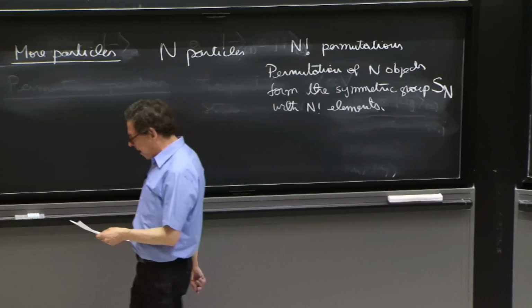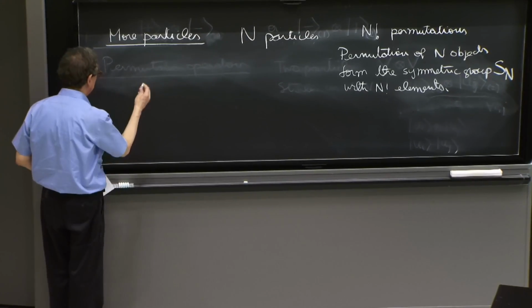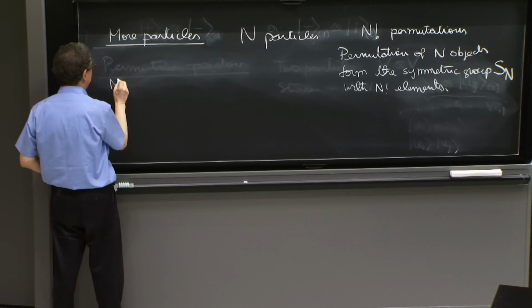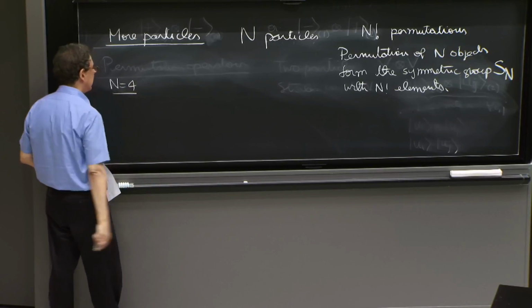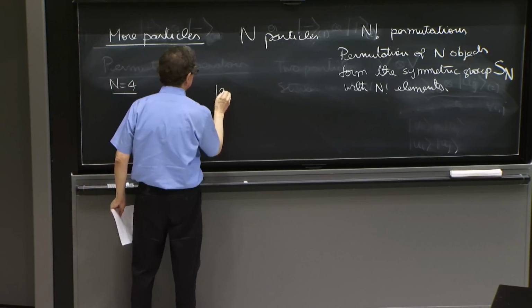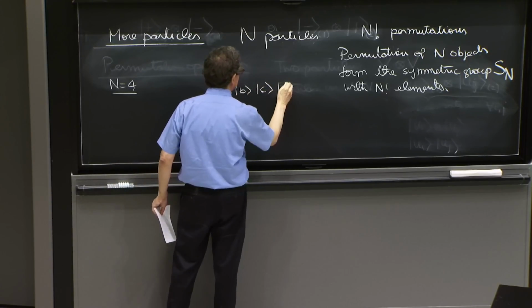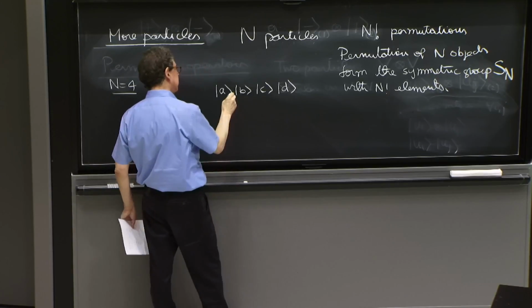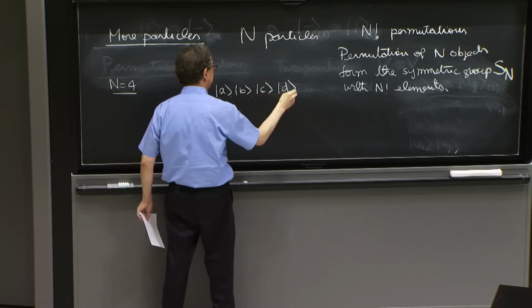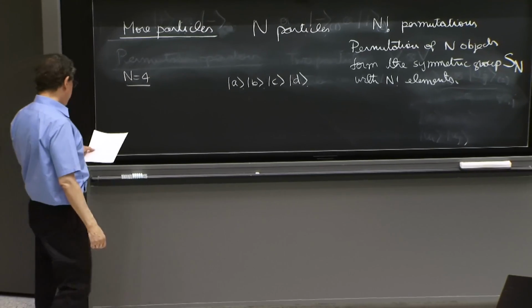So let's describe the notation of what is a permutation. Suppose you have n equal 4 particles. So a given state is represented by A, B, C, D. And you could say this is the first particle, second, third, and fourth. And these are the states. And now we're going to write the permutation.